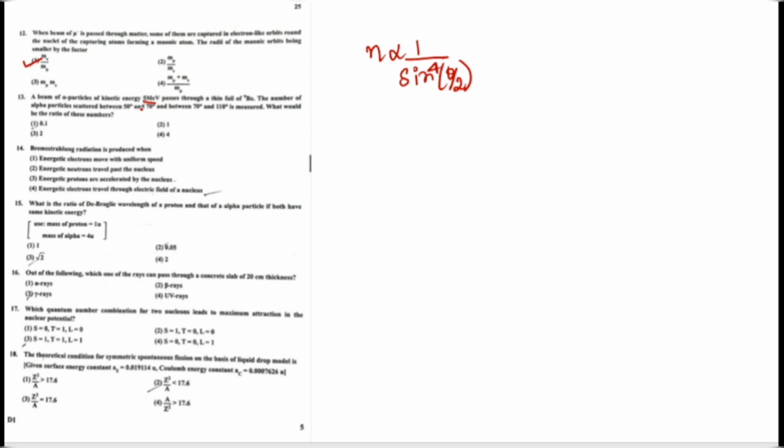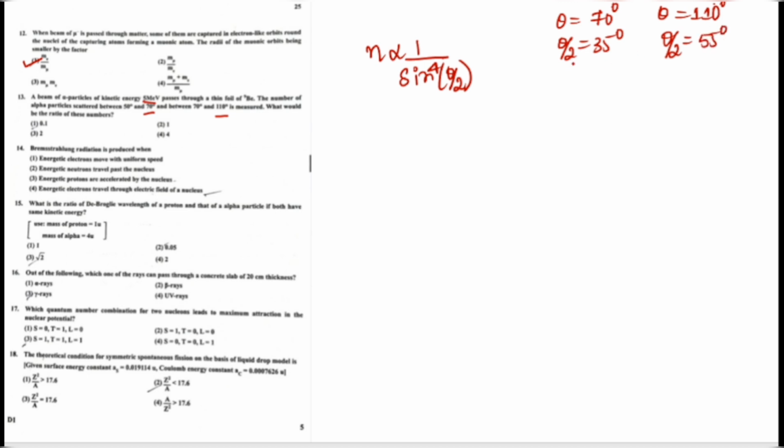So I have considered only one angle each, that is 70 degrees and 110 degrees, and I have measured the values. Considering theta to be 70 degrees, theta by 2 is 35 degrees. Considering theta to be 110 degrees, theta by 2 will be 55 degrees.